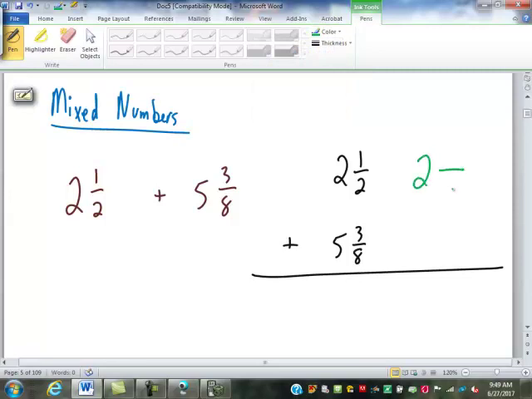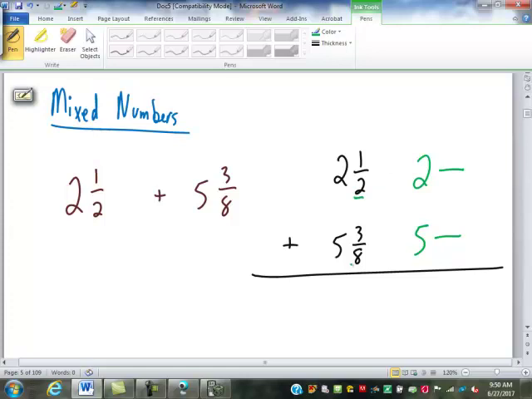Now, some people do not rewrite the whole number when they get the common denominator. I always do, because it keeps me from forgetting about it. I have found through the years some people find the common denominator, then they combine the fractions, and they forget about that whole number portion up there. So rewriting it just keeps me from losing it.